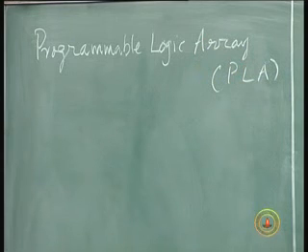programmable logic array. See, in the ROM based design or PROM based design, as the number of inputs increases, the number of min terms increases, not linearly, it is the power of 2, right? So it's sort of an exponential increase. The size of the ROM depends on the number of inputs and the number of outputs, but as the number of inputs increases, the size increases exponentially.